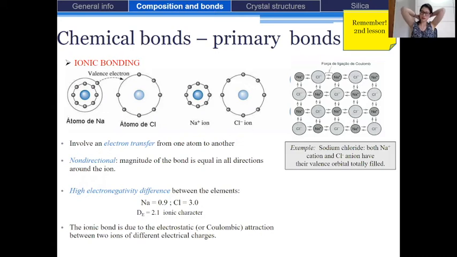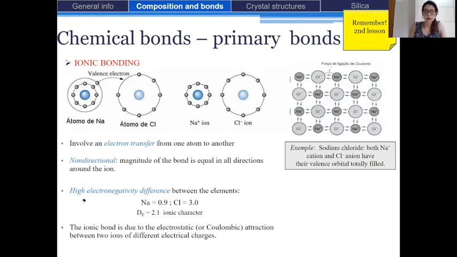We presented the case of sodium that will give an electron to chlorine in order to create this salt. They are non-directional, so the magnitude of the bond is equal in all directions around the ion.